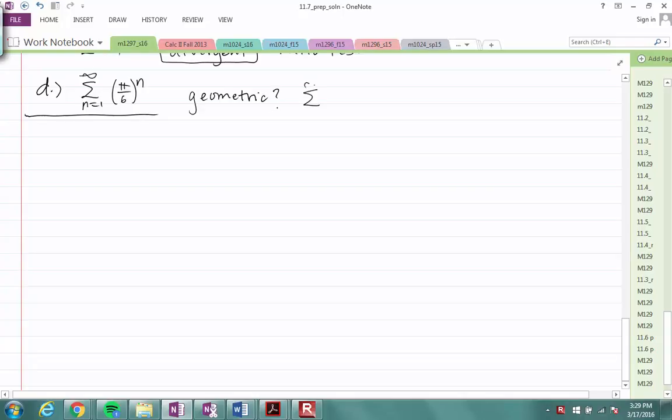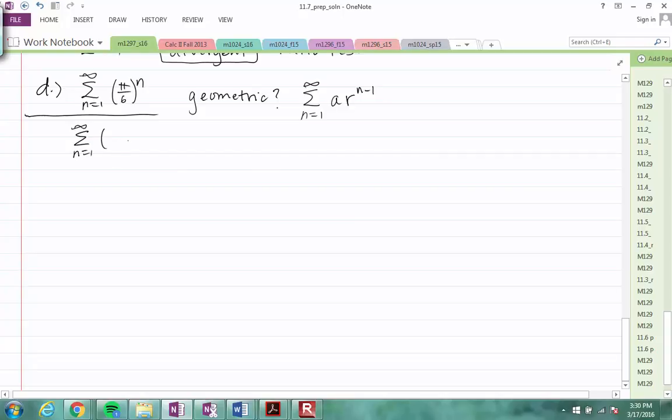So there's different forms of the geometric series, but the one that you have on your formula sheet is of this form. And so this just involves taking a little bit of algebra to realize all the parts.